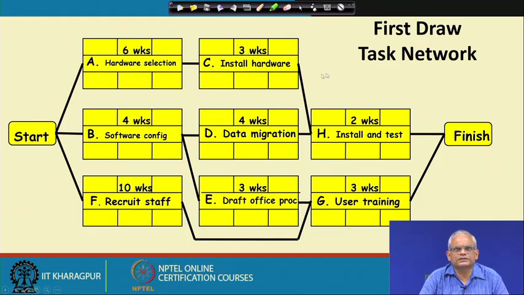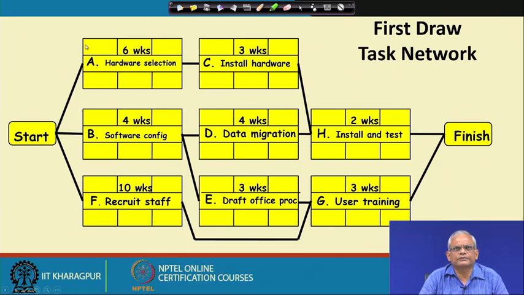In the forward pass, the start task starts and completes on day 0, and therefore, this can start on day 0. We will put 0 here and then this will be 6.